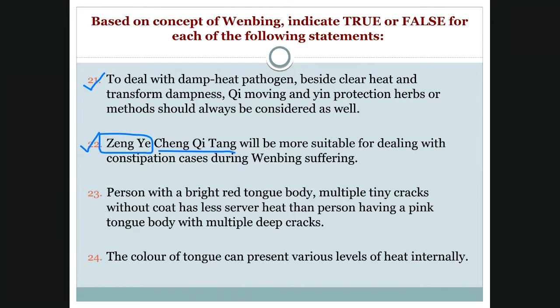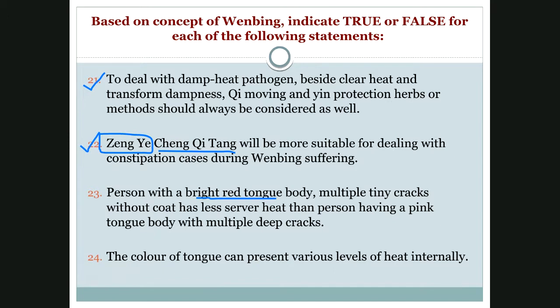Now, number 23, a person with a bright red tongue body, multiple tiny cracks without coating, has less severe heat than a person having a pink tongue body with multiple deep cracks. Okay, that's very good. So a bright red tongue indicates we have heat at the moment, currently, with multiple tiny cracks.